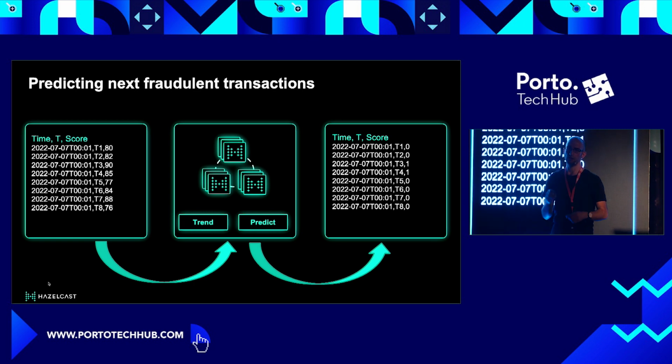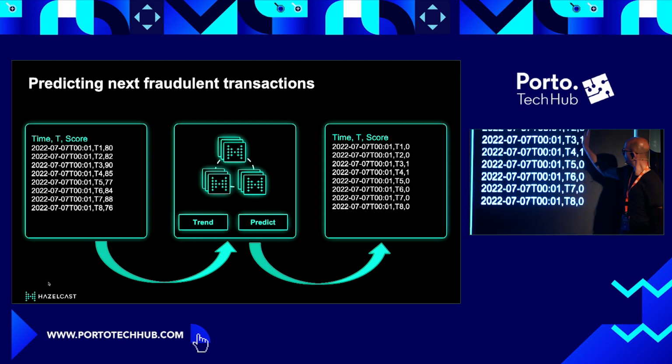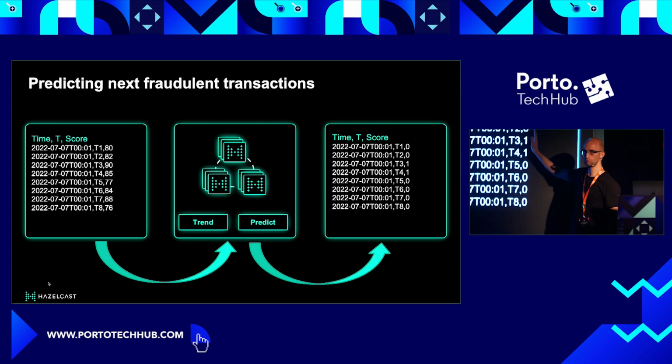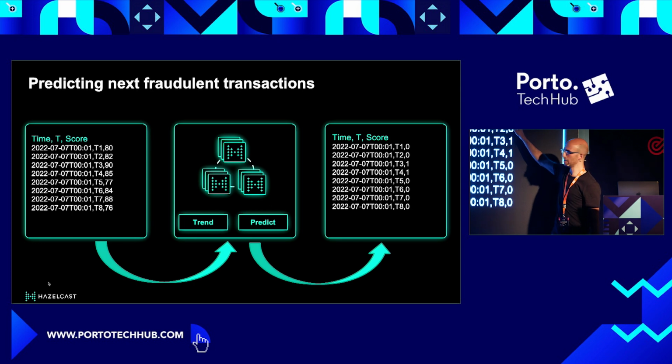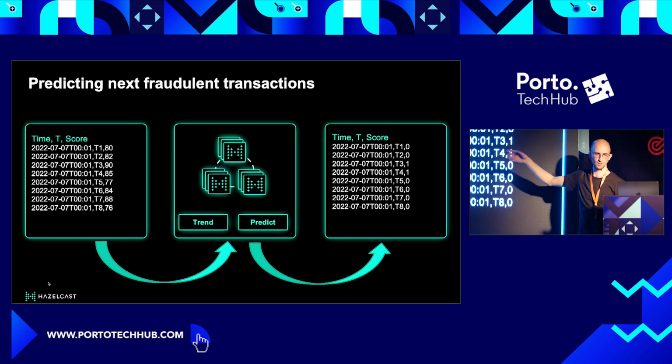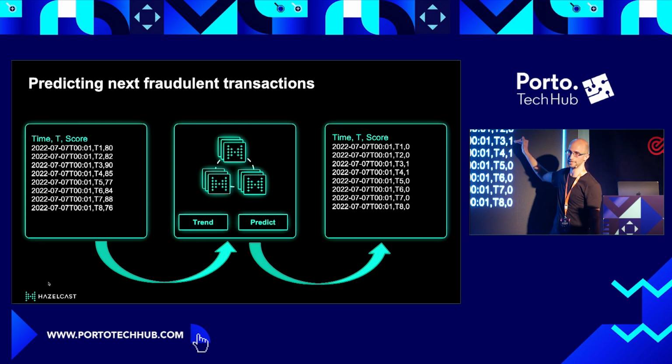Your bank always gives you a score, whether an account score or a transaction score, based on your historical behavior. You need to identify the trend, build a machine learning trend, and predict it. The idea is to get to this part here: I want to know if my action is valid or not. 0 means yes, 1 means a fraud activity is detected by the system.